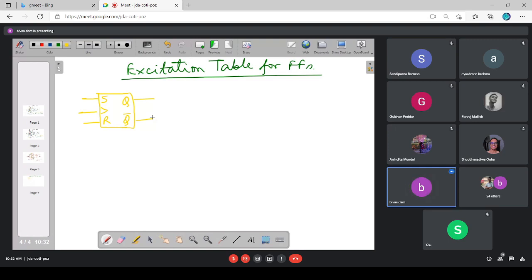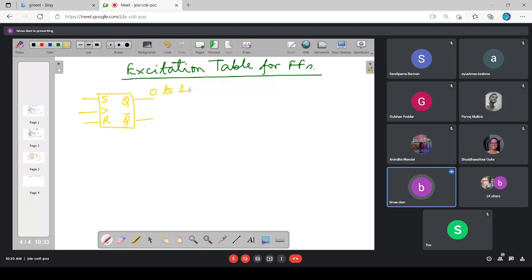Now, it may so happen that the output should change from logic 0 state to logic 1 state. It is the excitation table which describes for which input condition this particular type of output state change may occur. I repeat.